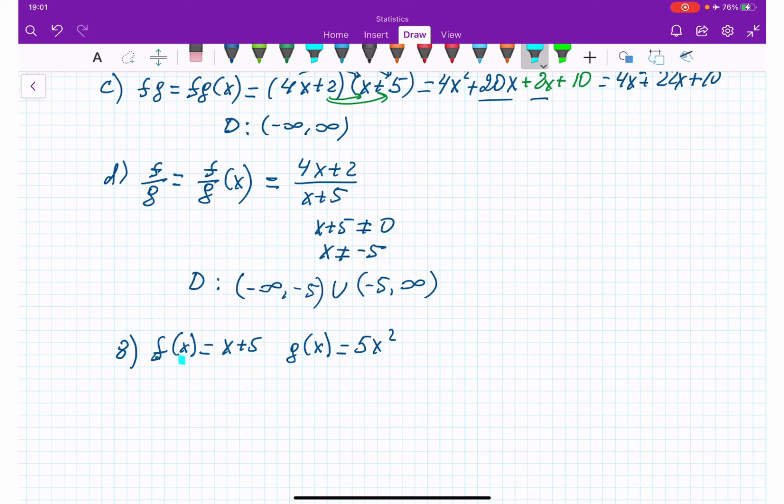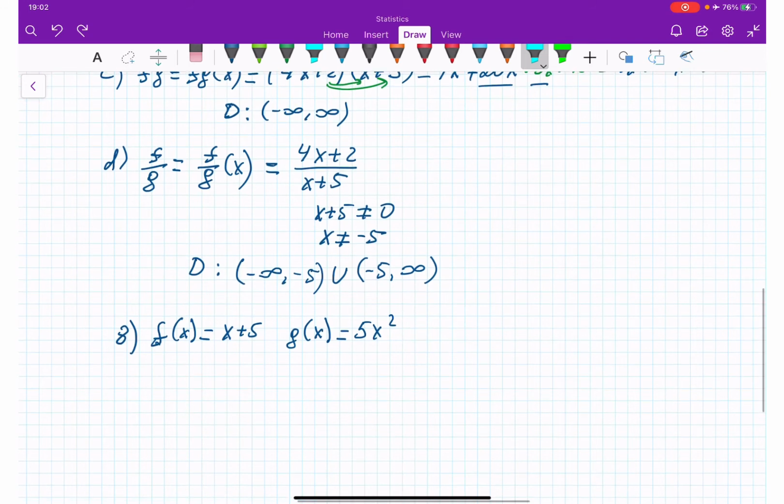You see, both of them depend on x, the same variable. If one would be f of x, the other one would be g of y, you could not do any algebraic operations. It has to be the same variable. Okay, let's start again. Same thing.